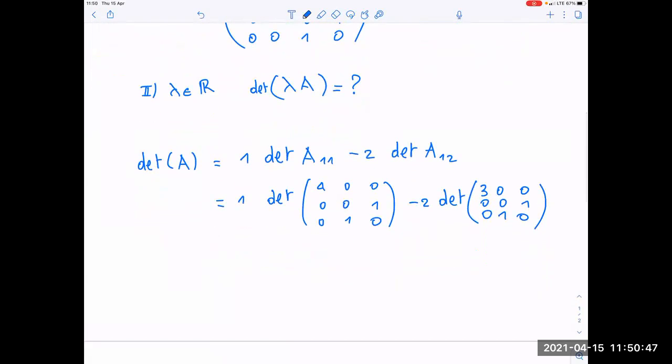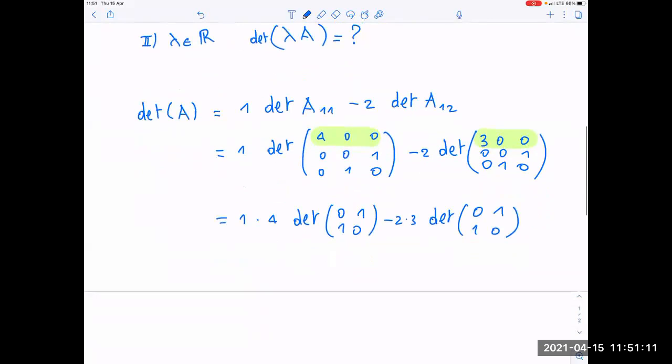If you do one step further, again developing with respect to the first row, you will get 1 times 4 times the determinant of this matrix here, and then -2 times 3 times the determinant of this matrix here.